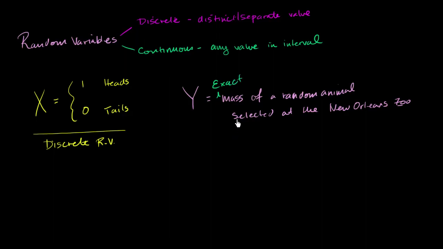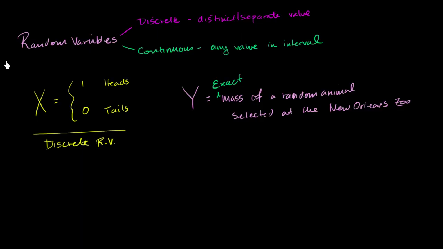The exact mass of a random animal or a random object in our universe can take on any of a whole set of values. I mean, who knows exactly the number of electrons that are a part of that object right at that moment? Who knows the neutrons, the protons, the exact number of molecules in that animal at that exact moment?